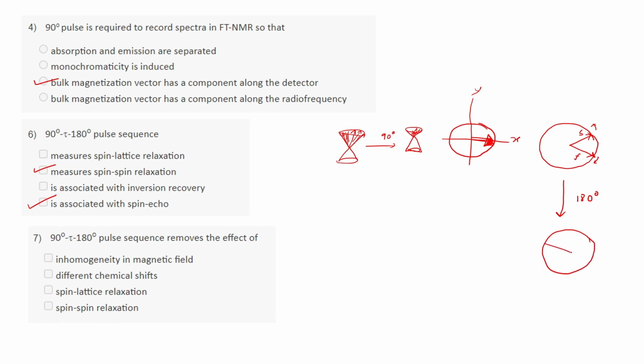So rebunching will take place. The slow will come here and the fast will come here, and the rebunching will take place. So it will look something like this.